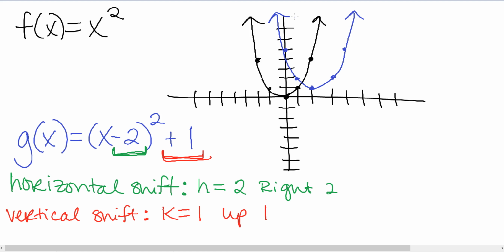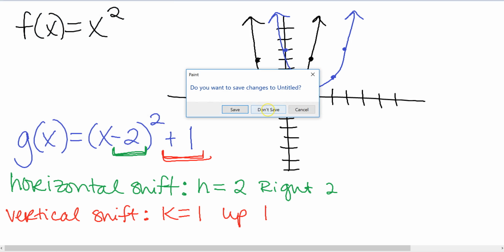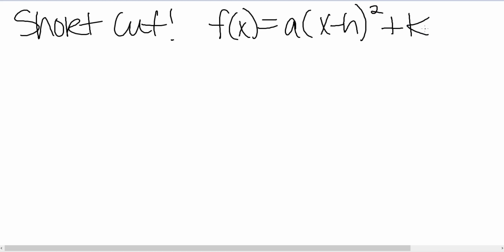Now, let me show you a shortcut for graphing quadratics that have horizontal and vertical shifts, or any shifts. Okay, so again we have f of x equals a times x minus h squared plus k.